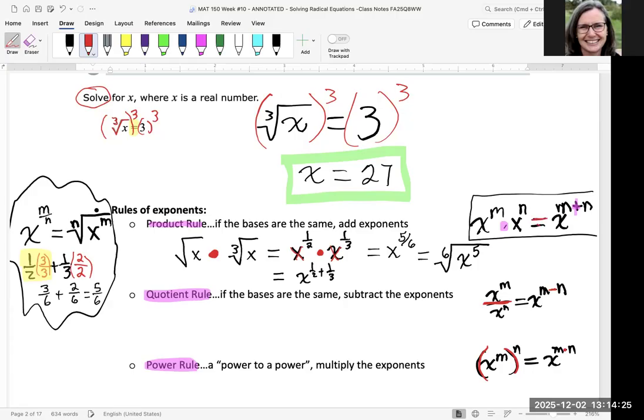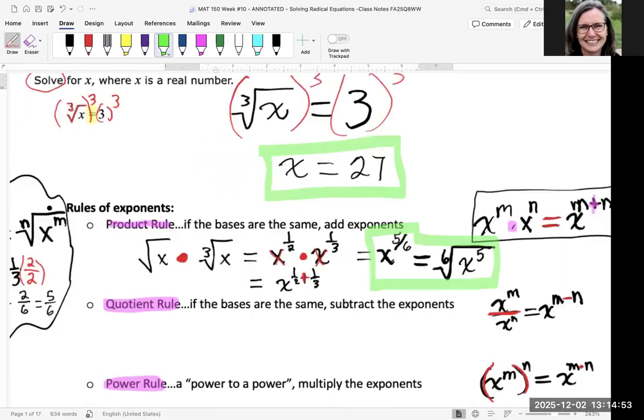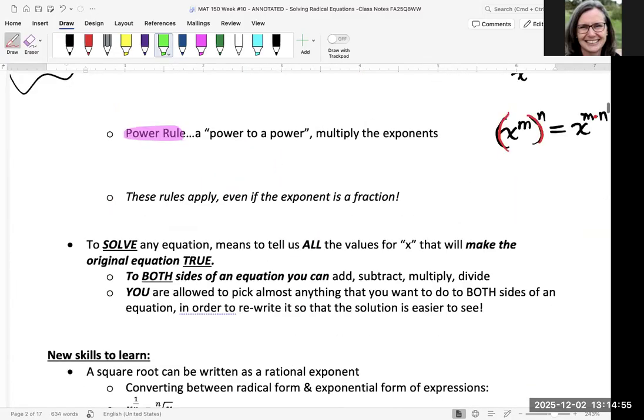So this product rule we learned back in week 5 says I can add the exponents. 1/2 plus 1/3 is the same thing as 5/6. So x to the 5/6 power is the same thing as the 6th root of x to the 5th power. So these two here are the same. Same works for the quotient rule and the power rule.